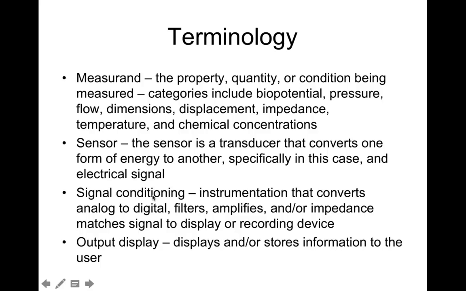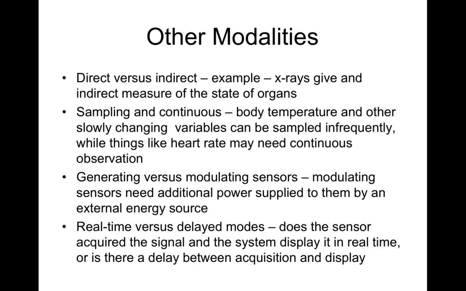This doesn't change the type of signal from, say, thermal to electrical, but it changes an electrical signal in one form to another form. So maybe it filters out noise, or maybe it digitizes an analog signal. And then finally, the output display is the part of the system that displays or stores information for the user.